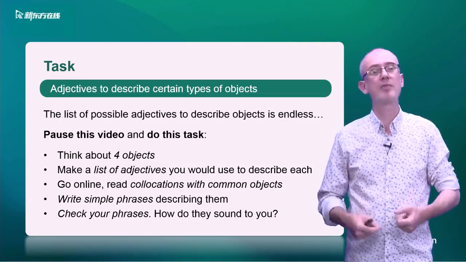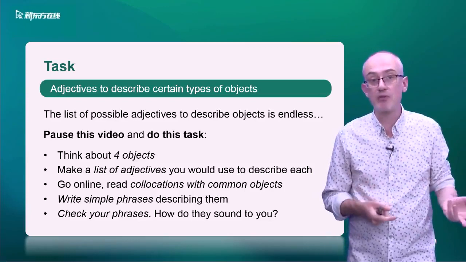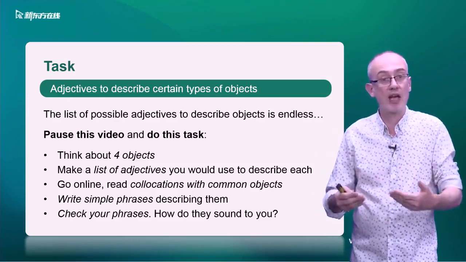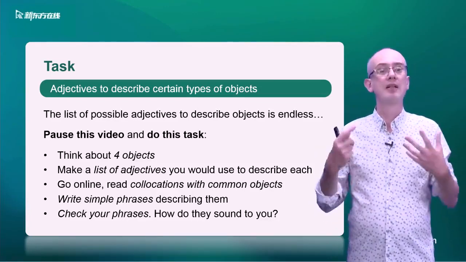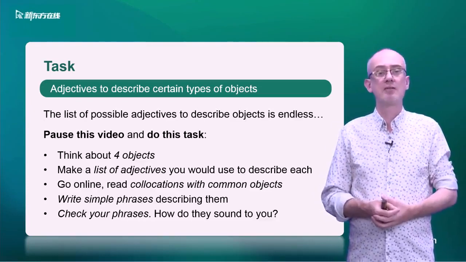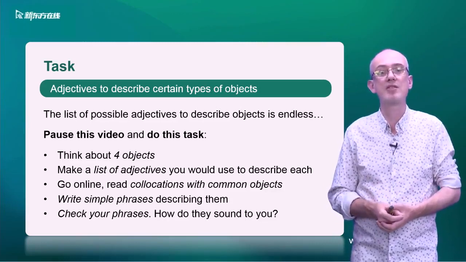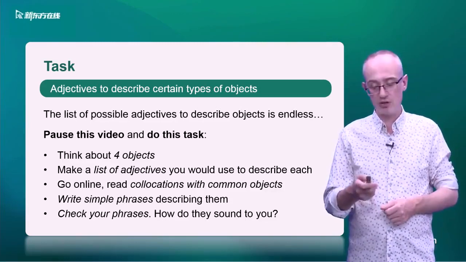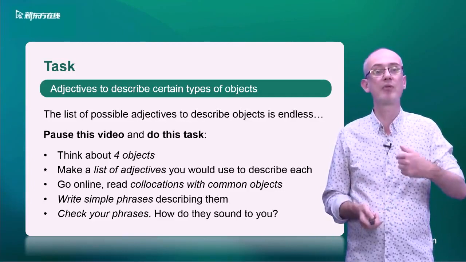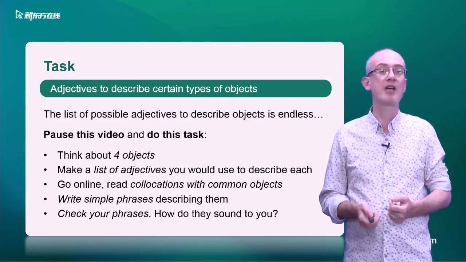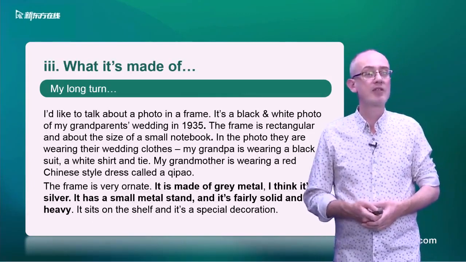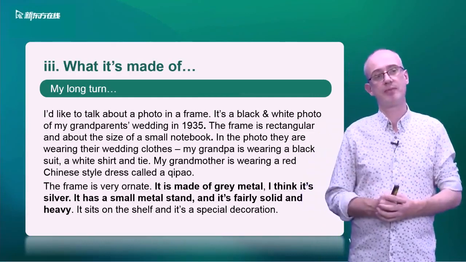Underline them, write them down, practice them, test them with a friend, check them in a collocation dictionary online, double check, and try to make a list of them in the context of descriptive simple phrases for objects. This is a very useful technique, and it will help you remember if you do this kind of task yourself.